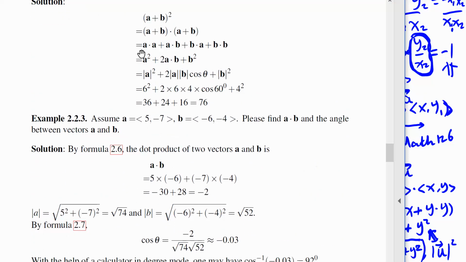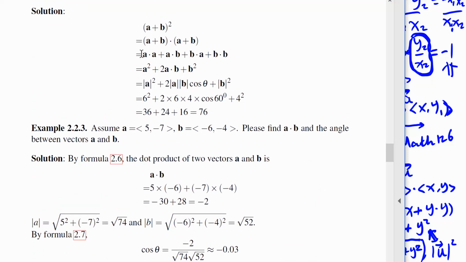So, find the magnitude of A. For 5, -7, you square 5 plus -7 squared, choose the radical sign. You have 25 for 5 squared, plus 49, which is -7 squared. 25 plus 49, then you get 74.